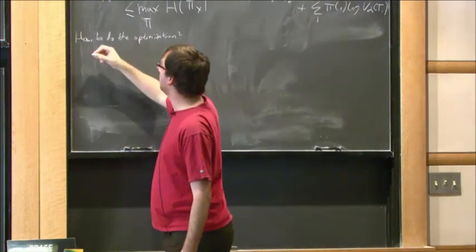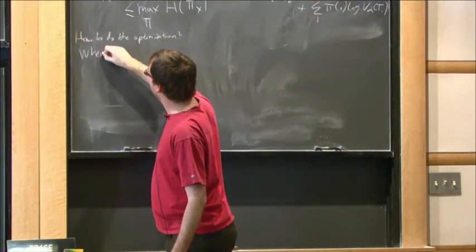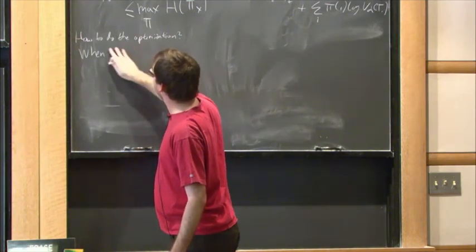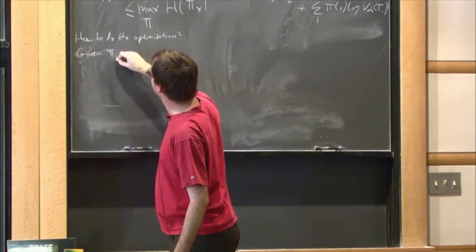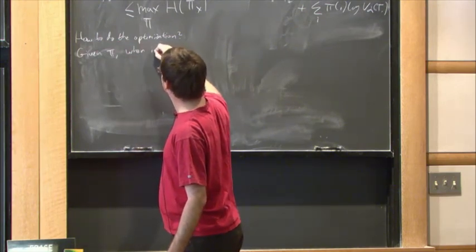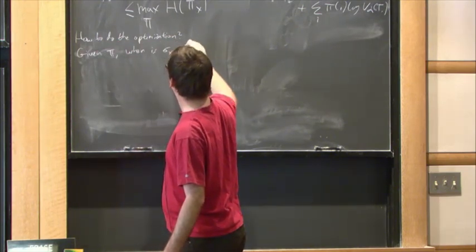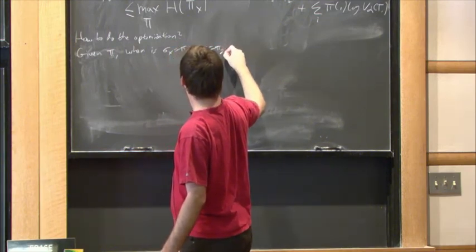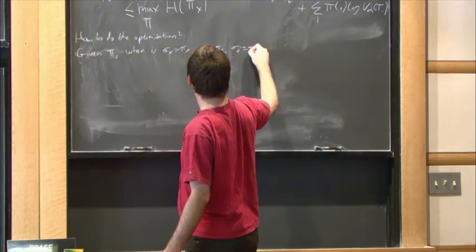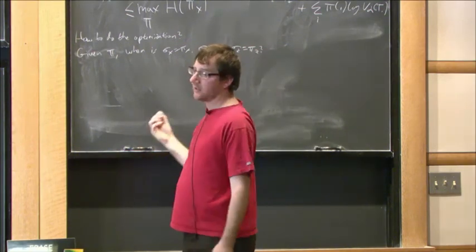This is the difficult part. So, given pi, when is sigma x equal pi x, sigma y equal pi y, sigma z equal pi z? You can write it as a linear system.